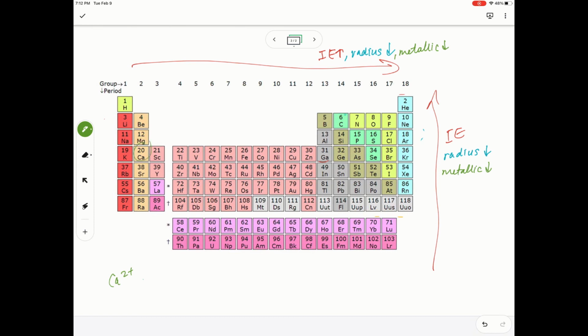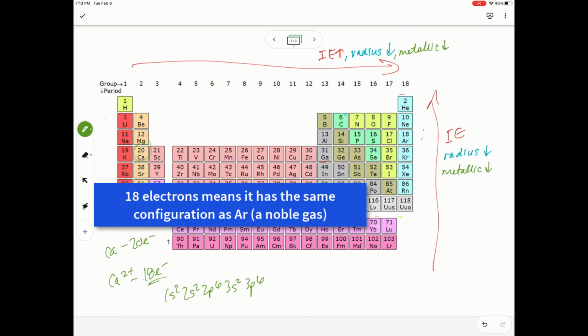So calcium comes with 20 electrons, which means calcium 2+ must have 18 electrons. Once we've deduced that, now we just write an electron configuration for 18 electrons. So that'd be 1s2, 2s2, 2p6, 3s2, 3p6, what is that, 10, 18. So now we're done. Does that make sense?